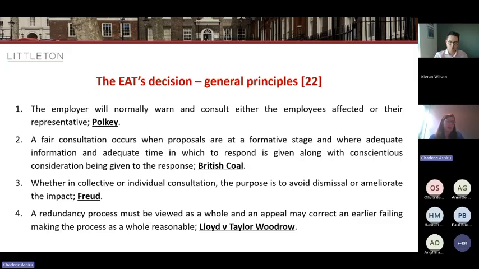Adequate information and adequate time to respond needs to be given for a genuine consultation process to take place, and conscientious consideration given to the employees' responses and input. The purpose of consultation is to avoid dismissal or ameliorate the impact. The redundancy process must be viewed as a whole, and an appeal may correct an earlier failing.